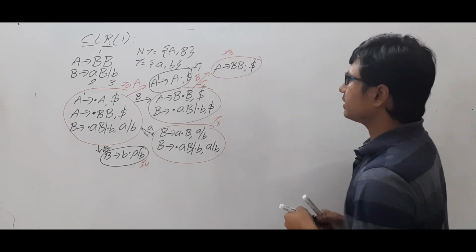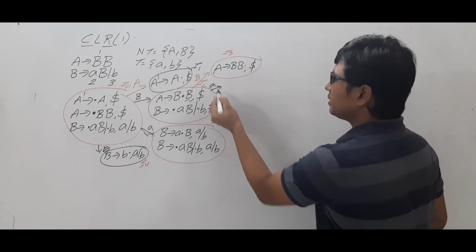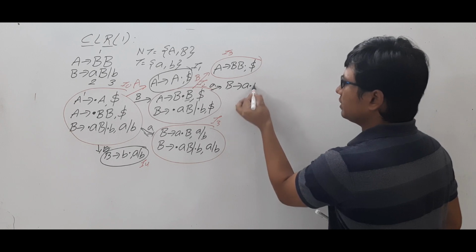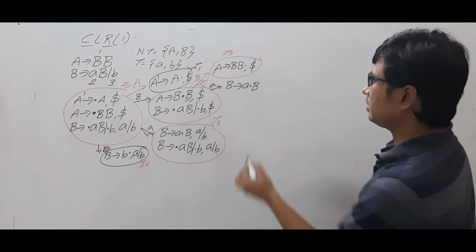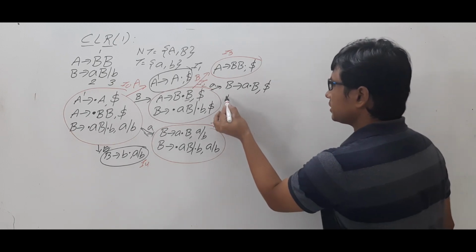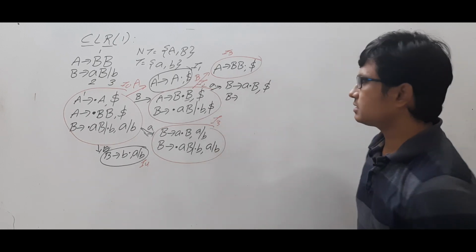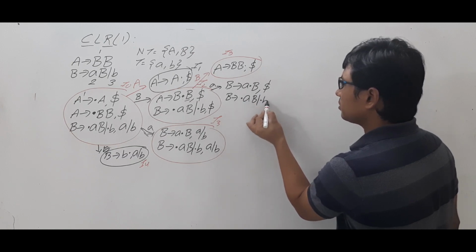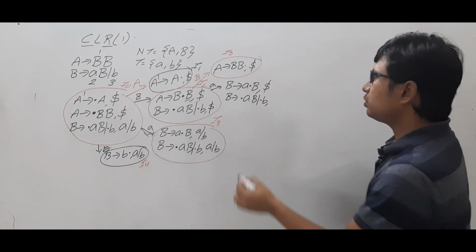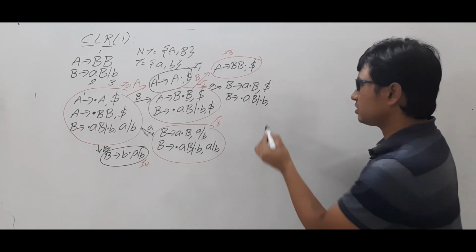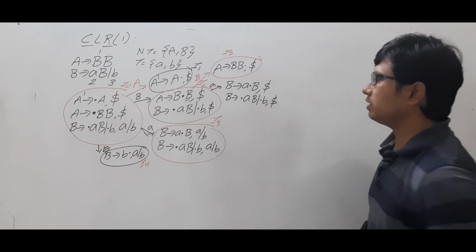On small a it will be B determines A dot B, dollar. Again I need to compute the closure. B determines dot A, B or dot B. Now what is the look ahead? After B, whatever is there, compute the first of it. First of dollar is dollar.